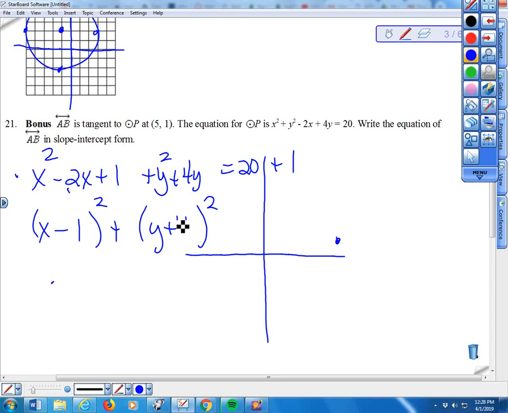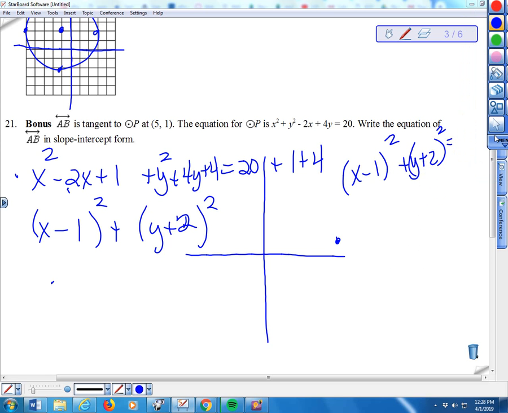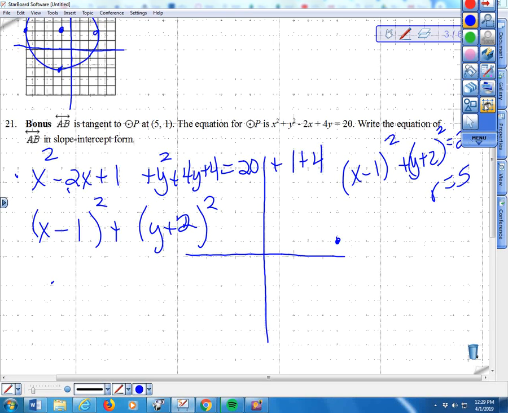This is plus 2. And if I add 4 here, I have to add it here. So now I have x minus 1 squared plus y plus 2 squared equals 25. So I know my radius is 5. And my center is 1, -2.